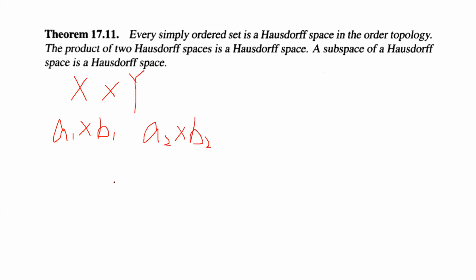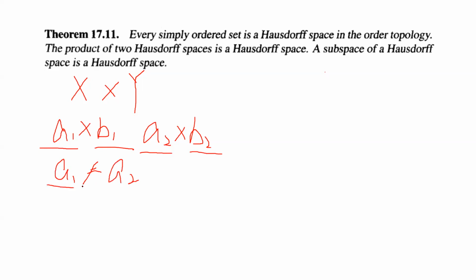Basically, either A1 is not equal to A2 or B1 is not equal to B2. We can only analyze one case: A1 is not equal to A2. Similarly for B1 not equal to B2, it is just the same proof.